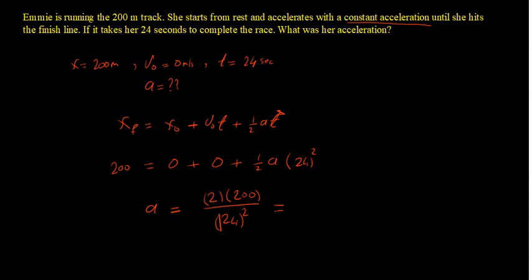Running that on the calculator, that gives us 0.69, so we can say it's 0.7 meters per second squared. That was Emmy's acceleration during her run for the 200 meters.